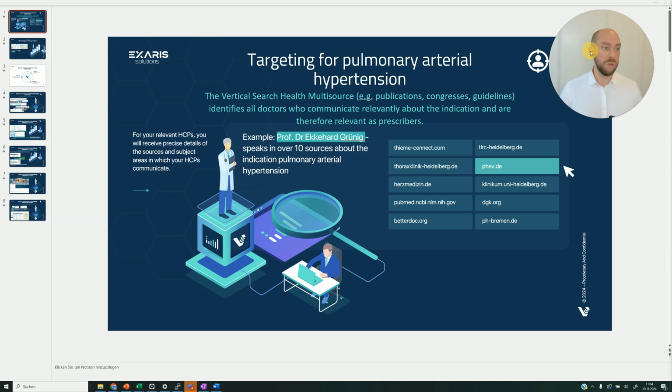So let's get started. What can it look like? First of all, I want to present how we define targeting in one indication, how we identify a relevant HCP. I chose for today the rare disease pulmonary arterial hypertension. There we identify based on content. So we defined content which is relevant for the indication.